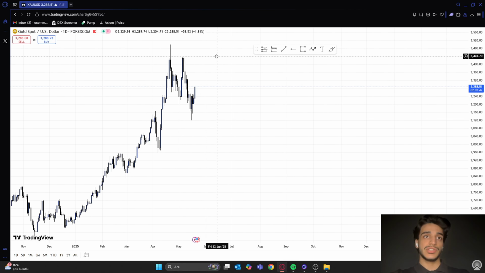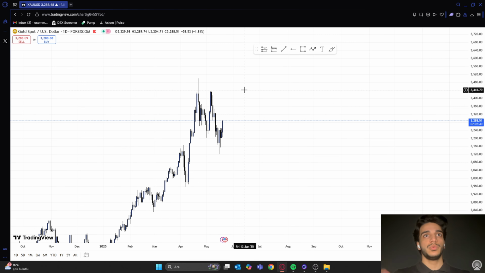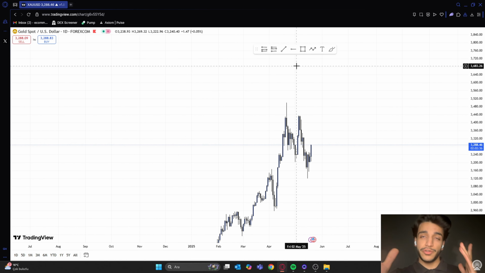So how do we take trades with the trend lines? First of all, the one thing that you guys must know is we always trade with the trend. If the trend is going up, why the fuck would we go short?